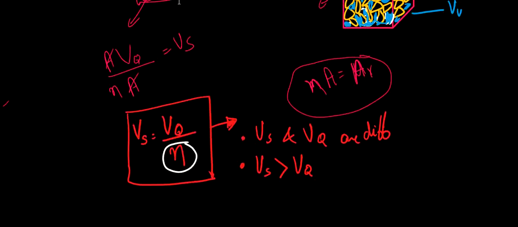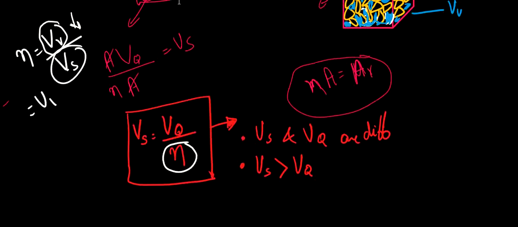We know that eta is nothing but volume of void upon total volume of soil sample. This volume of void will always be less than total volume. Why? Because total volume is only volume of void plus volume of soil solid.